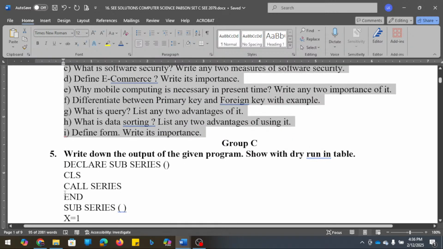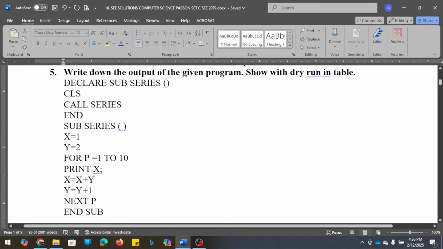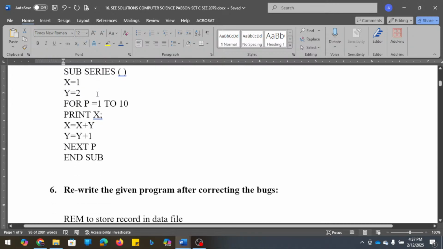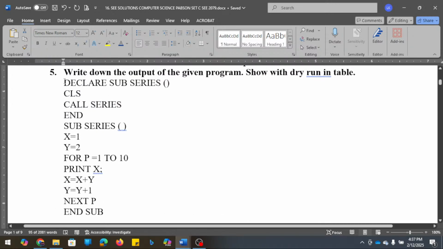So that was 2 marks. Next, we use a diagram table to find the output of this program. Let's go for it.